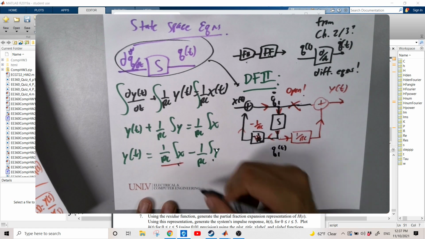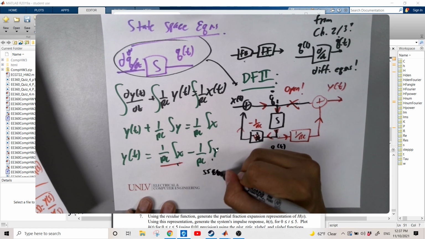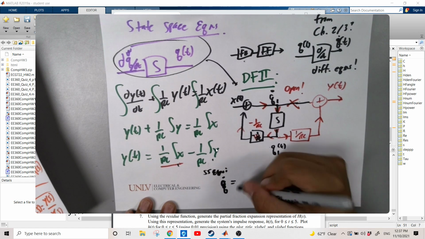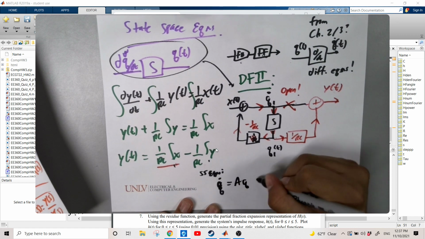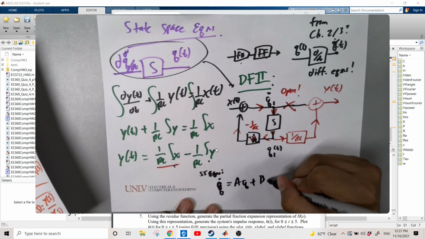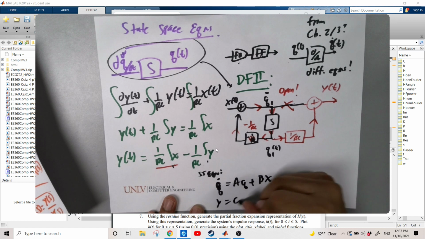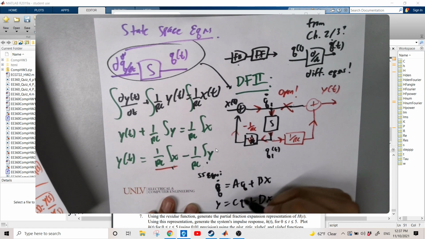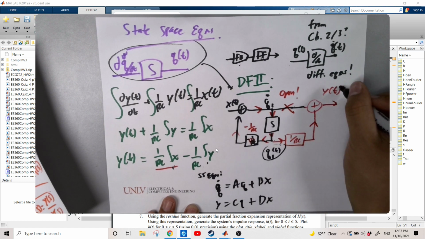Remember, the whole point of the state space equations is to get the following format: the Q dot matrix is equal to AQ plus BX, and then Y is equal to CQ plus DX. We're gonna try and get it into this format. So all we gotta do is solve for this and solve for that.